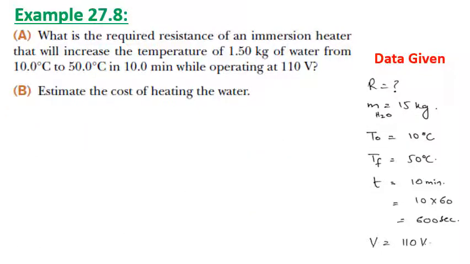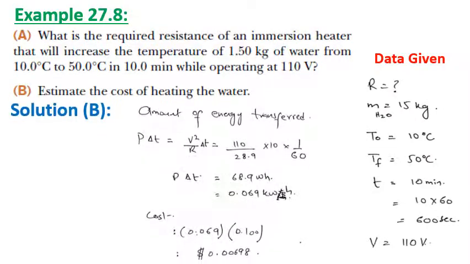Next we will find the cost of heating the water. For that, the amount of energy transferred will be power into time, which is equal to V square over R into time, so 110 squared divided by 28.9 into 10 into 1 over 60.